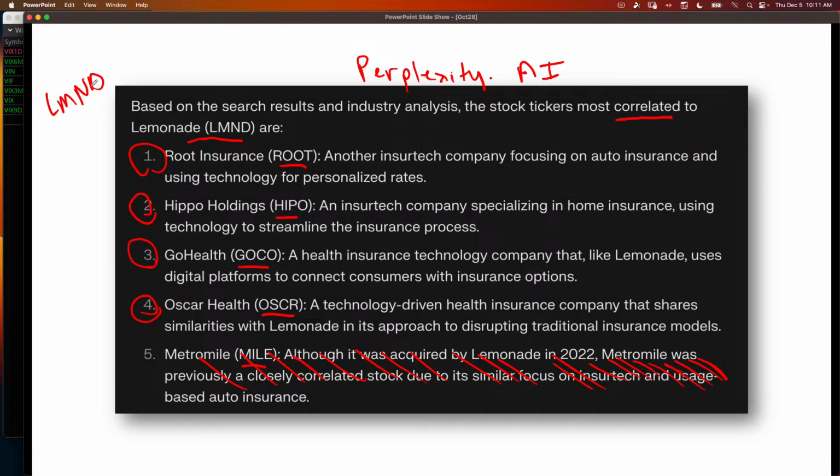So Lemonade against Root, against Hippo, against GoCo, and Oscar, but I'm going to kick GoCo off the island because GoCo doesn't have any options. So I'm lowering my subset of names.